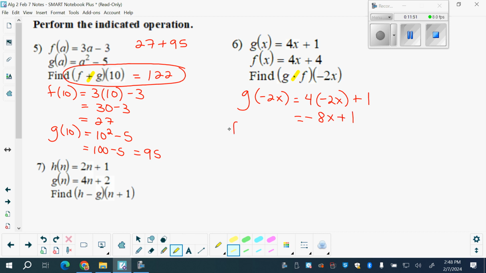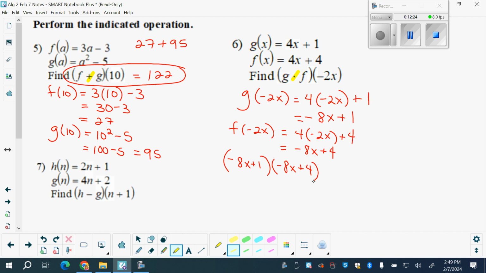And then we're going to find our f of negative 2x. And then how would that simplify, Brady? Yep. And then what are we going to do with those two again? Multiply, because this operation here shows multiplication. So we're going to take our negative 8x plus 1 and multiply it by the negative 8x plus 4.